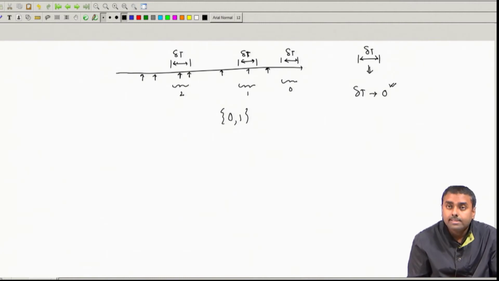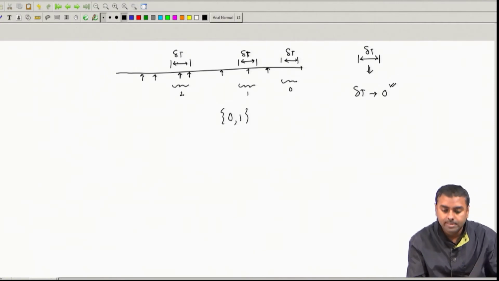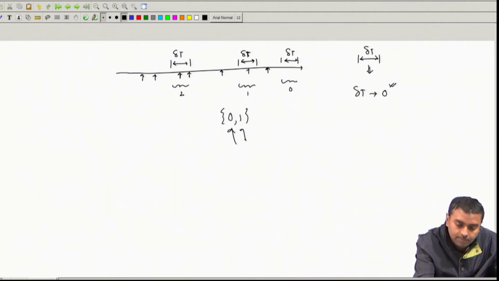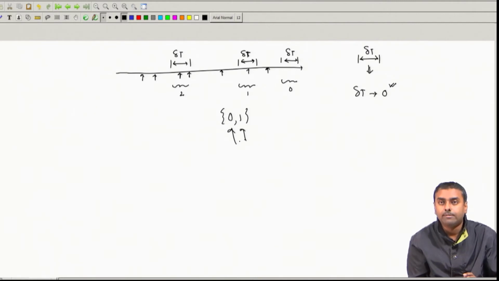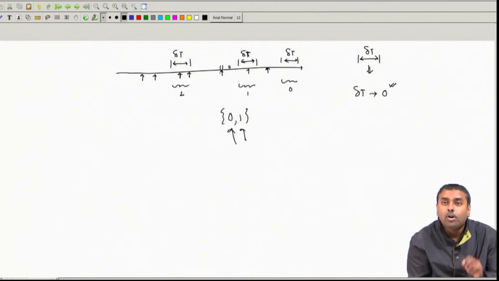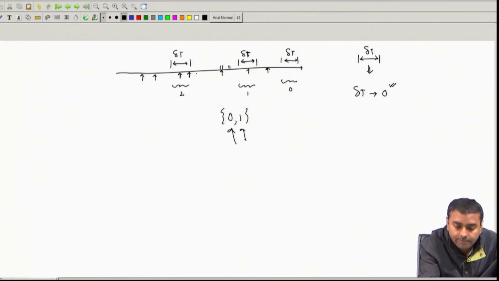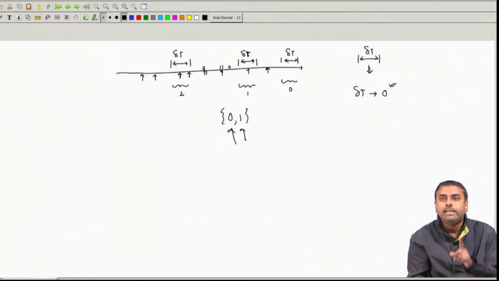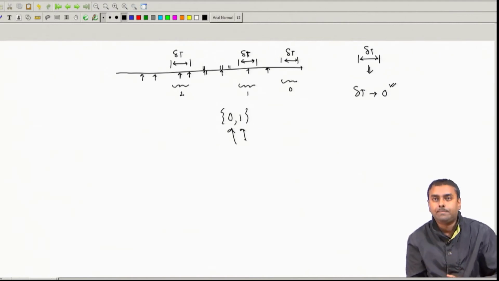But when I start making delta t vanishingly small, then because of the non-simultaneity principle, I will have only either 0 arrival or 1 arrival. Whenever it is probing, it is so small that either it will probe nothing or it will probe only 1 arrival, because even if 2 arrivals are very close by, my delta t can be even smaller than that, so that it will skip the other one.